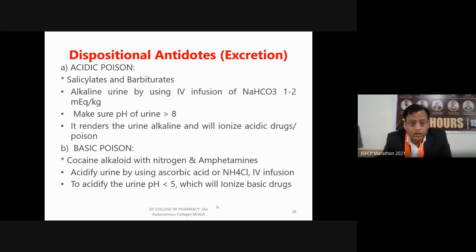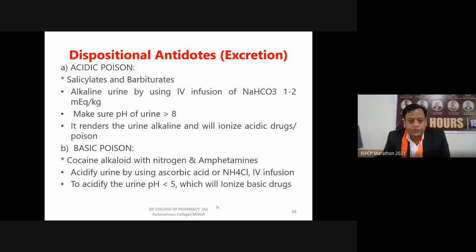When we use sodium bicarbonate, we make sure the pH of urine is more than 8. It renders the urine alkaline and will ionize the acidic drug and poison. As sodium bicarbonate is basic in nature, it makes the urine alkaline, ionizes the acidic drug, and reduces the effect of the poison.